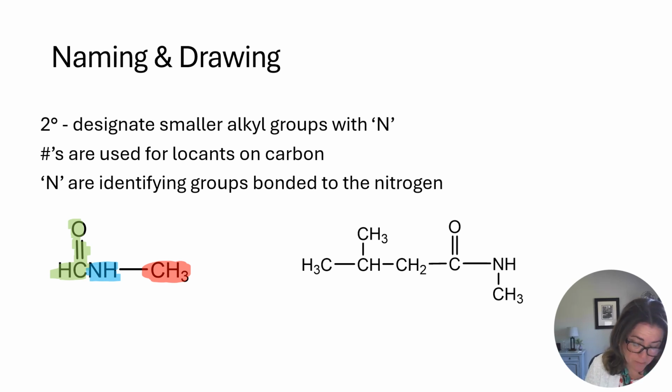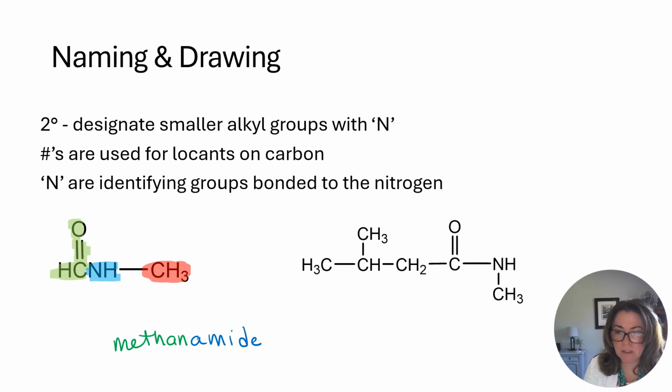So the parent name is going to be based off of the carbonyl. Let me do that in green. Methanoic acid is the parent.